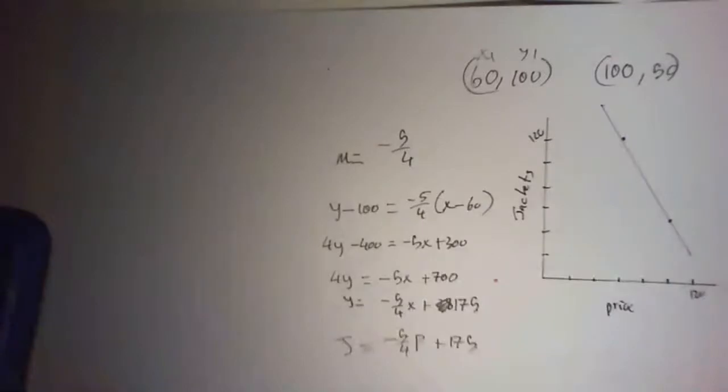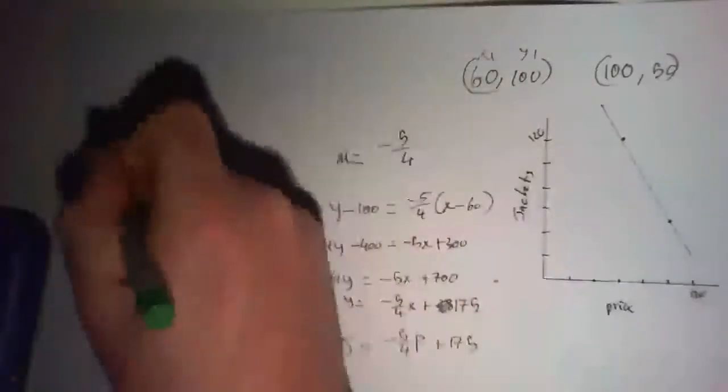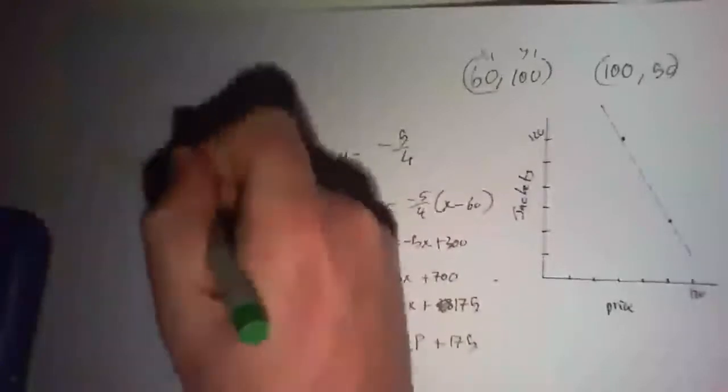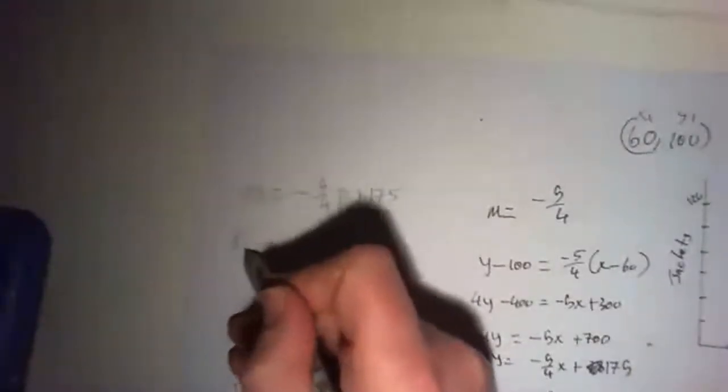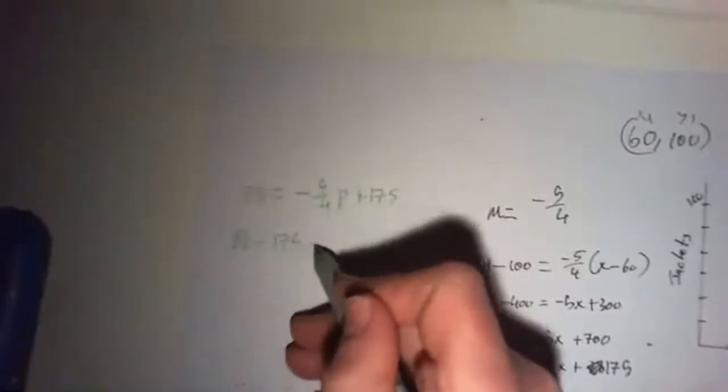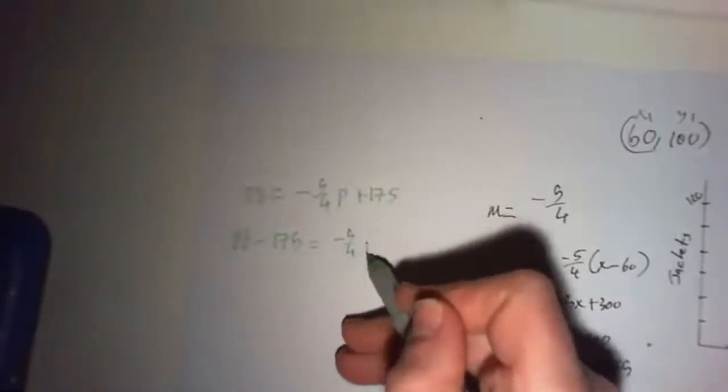Okay, so what do we need to do? We need to figure out the price if the jackets are 88. So if we put an 88 there, where are we here now? Okay, what price for 88 jackets? So for 88 jackets, it's going to be equal to minus 5 over 4 times P plus 175. So 88 minus 175 is equal to minus 5 over 4p.